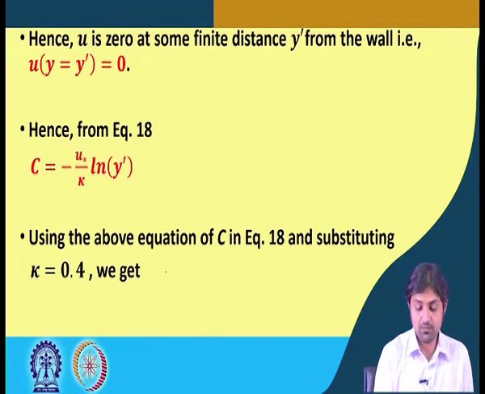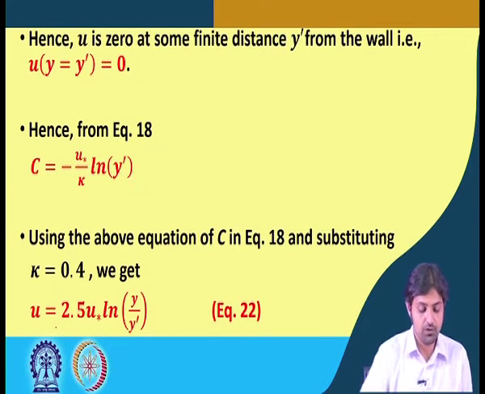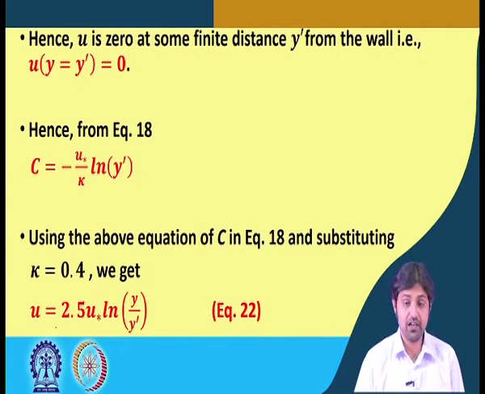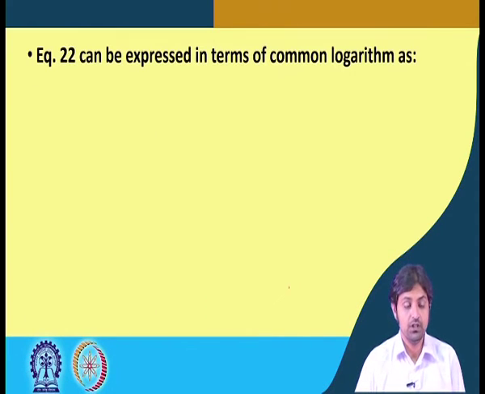Now if we use this above equation in equation 18 and substitute kappa equal to 0.4, we will get u equal to 2.4 u star ln y by y prime, where y prime is the point above the bed where the velocity is 0, and this is equation number 22. Now equation 22 can be expressed in terms of common logarithm.